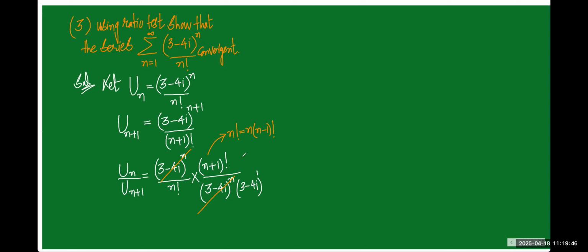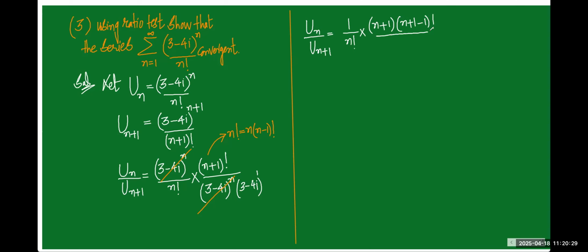So let us do it. un by un plus 1, we will not apply the limit yet, is equal to 1 by n factorial multiplied by n plus 1 factorial, which can be written as n into n minus 1 factorial, divided by (3 minus 4i) to the power of 1, no need to write.